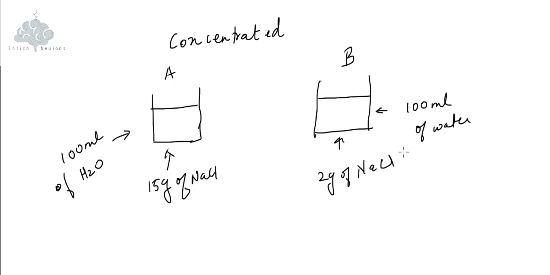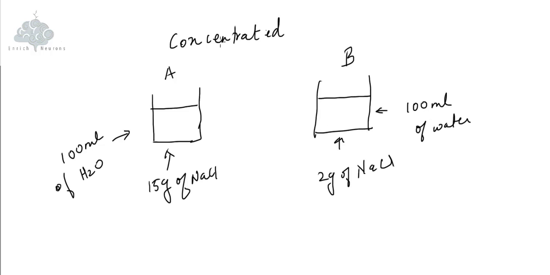Now beaker A would surely be called concentrated because it has more of the salt which I have kept. So A would be called concentrated and B would be called dilute.